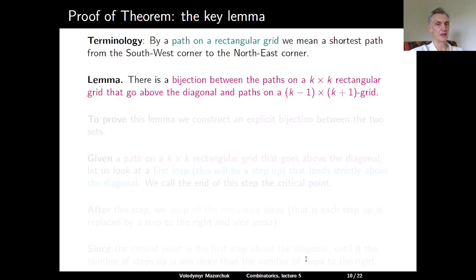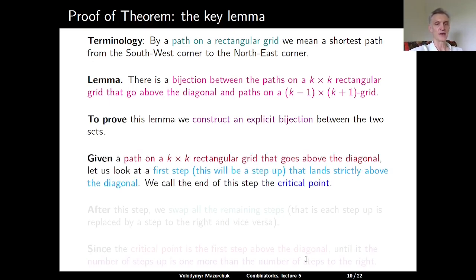And we will prove the lemma as promised, that there is a bijection between the paths on a k times k rectangular grid that go above the diagonal and paths on a k minus 1 times k plus 1 rectangular grid. And to prove the lemma, we will construct an explicit bijection between these two sets of paths.